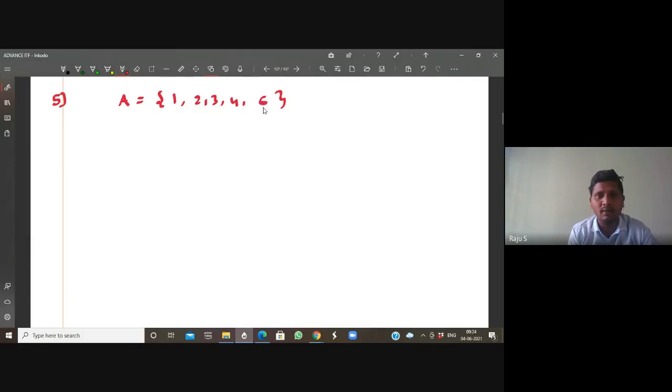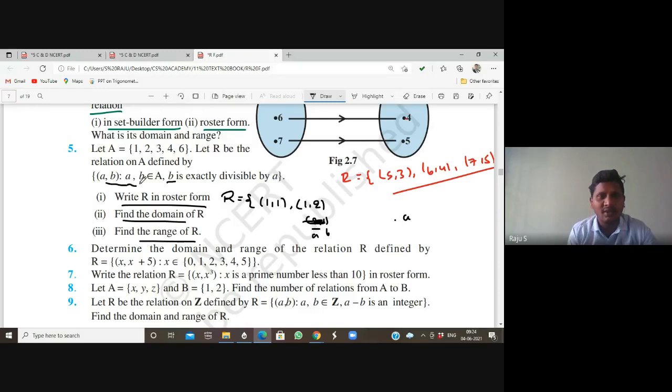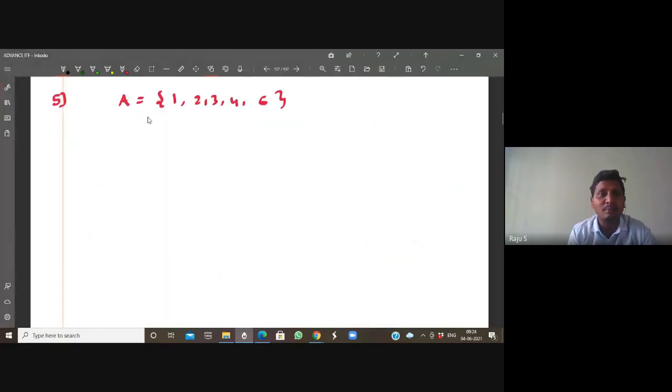This is the given set. In the relation, (a, b) must belong to A, so the input takes values 1 to 6 and the output also. The relation is defined by b being exactly divisible by a, so we need to write the possible ordered pairs.